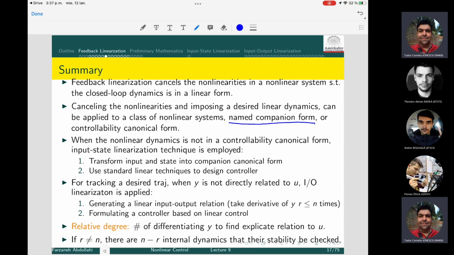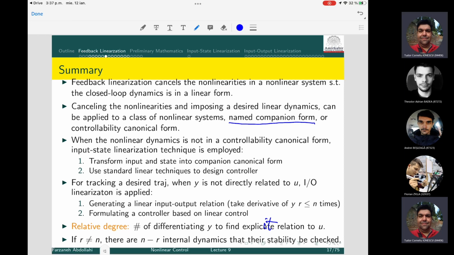And this is rather important. Formulating a controller based on linear techniques. Relative degree is the number of times you differentiate y to find an explicit, direct relation to the input u.